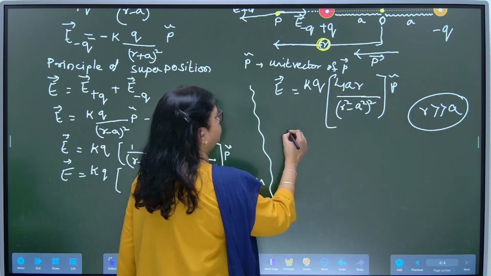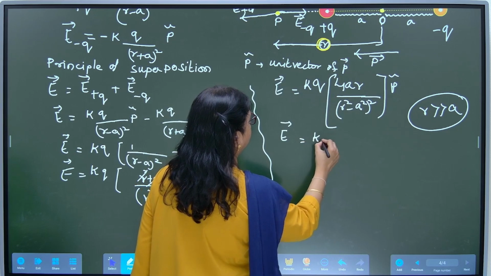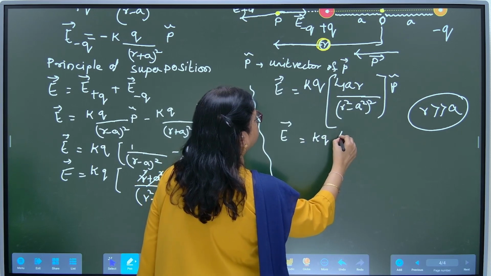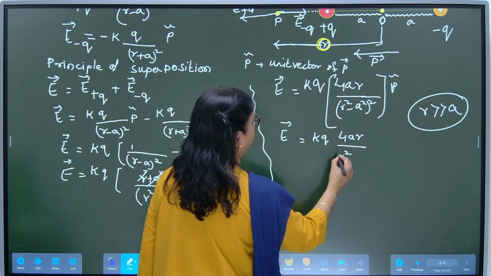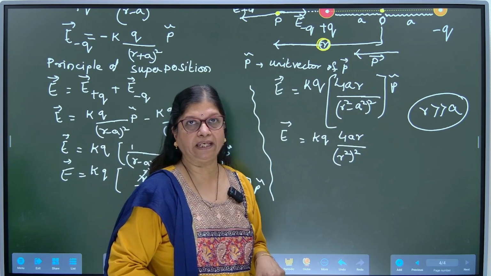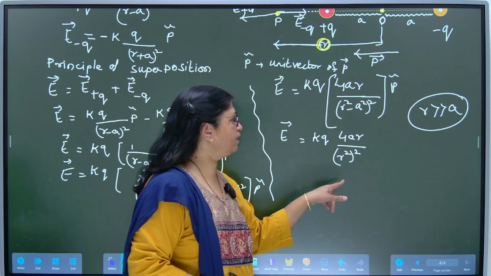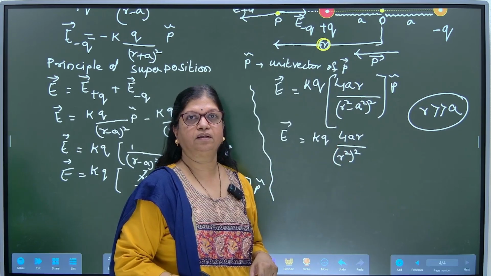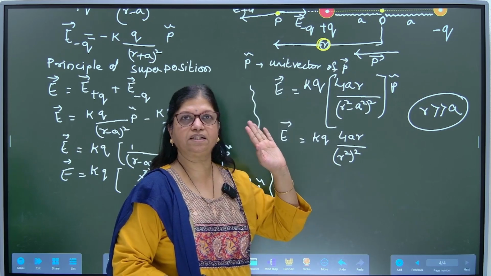Okay, so E is equal to KQ, 4AR upon R square, whole square. Now here one more point will come into your mind, that I have not neglected A in the numerator. I have neglected A only in the denominator. Why? A has a value. That's why in the numerator it is there.